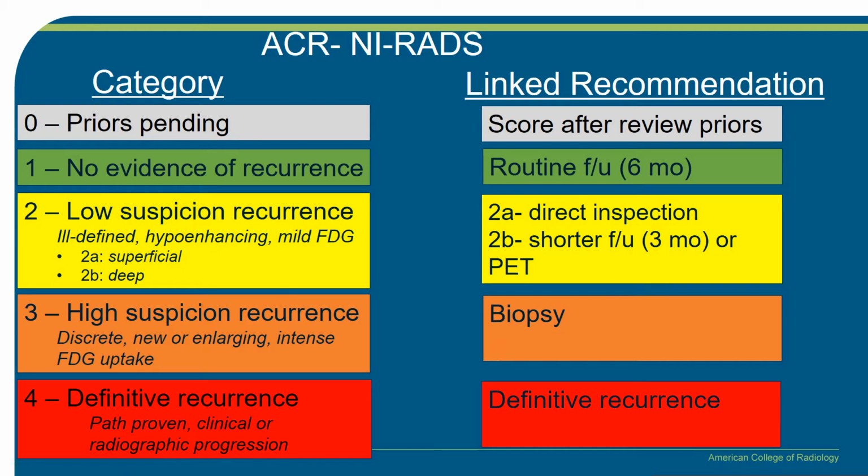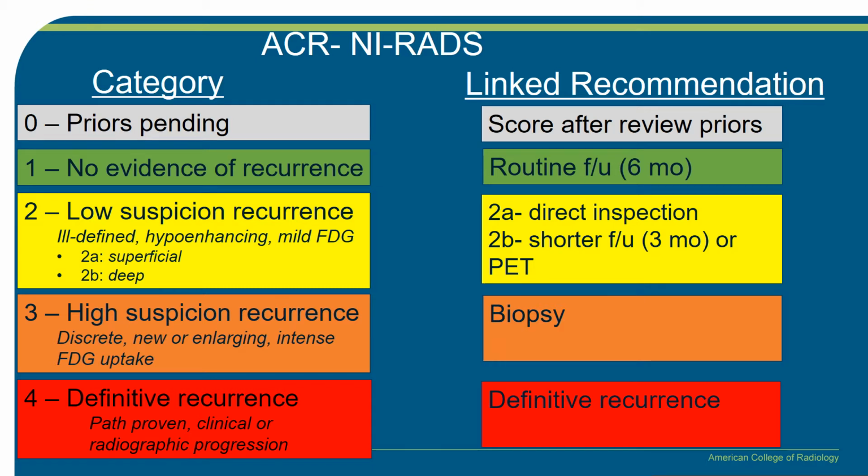Here are the ACR NI-RADS categories. Category 0, this is a holding pattern waiting on priors, so I do not give this often. This is when I know the priors are imminently available for review, and then I'll score after reviewing the priors. Category 1, this is no evidence of recurrence.